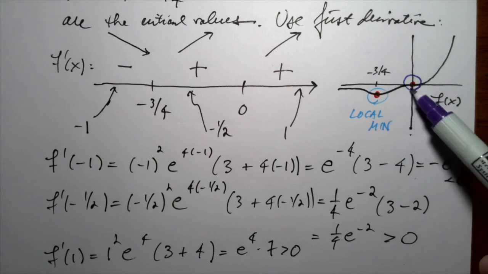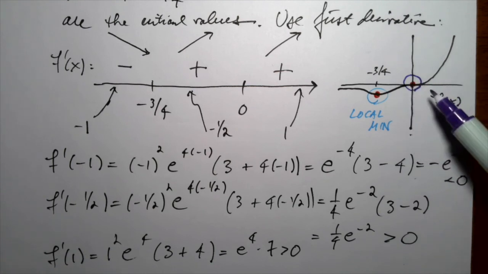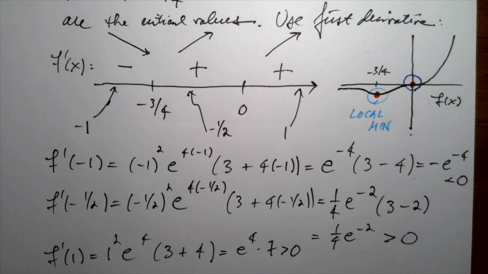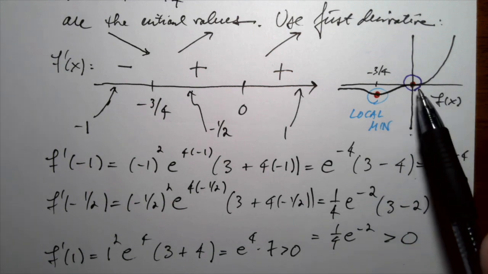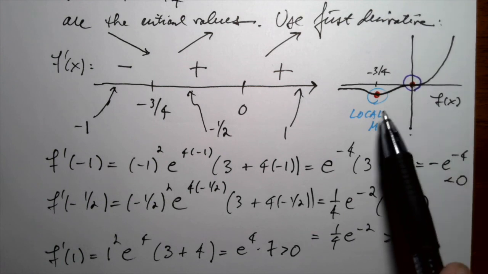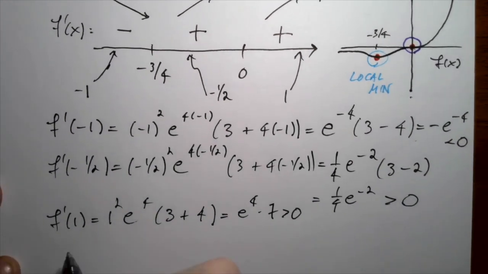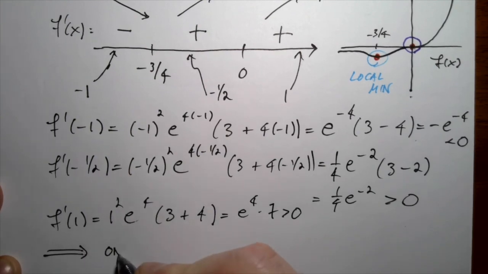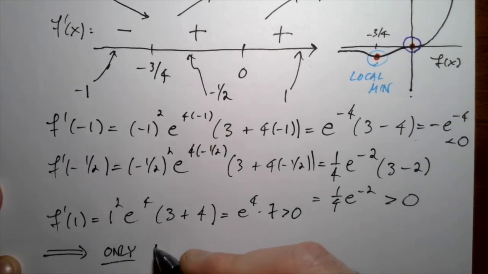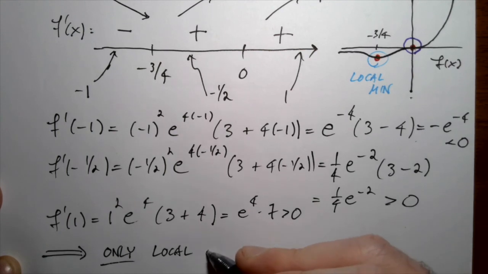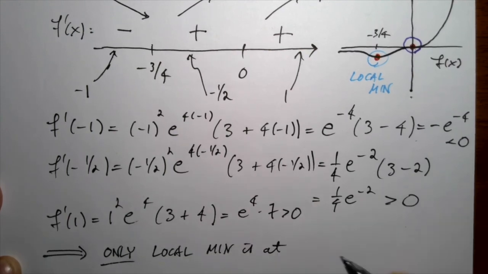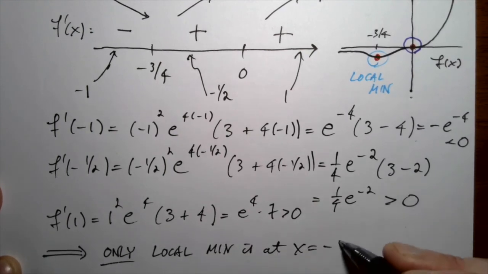Just to the left there, it's concave down, but here it's concave up. We don't really need to say for this problem that it's an inflection point, but it is true. The main conclusion is that it's not a local max or a local min. This is the only one. So that's the answer to the problem. The only local minimum or local maximum is at minus 3/4.